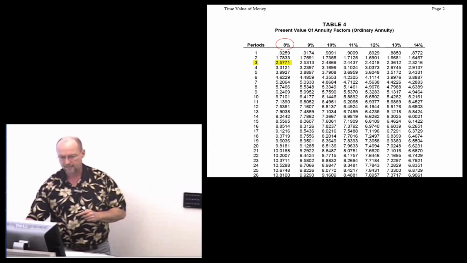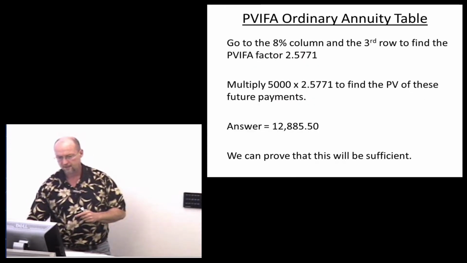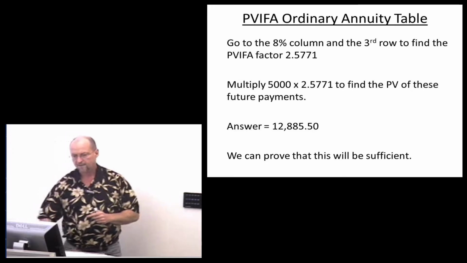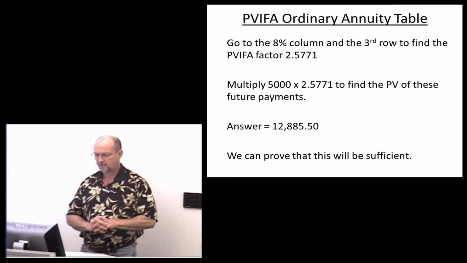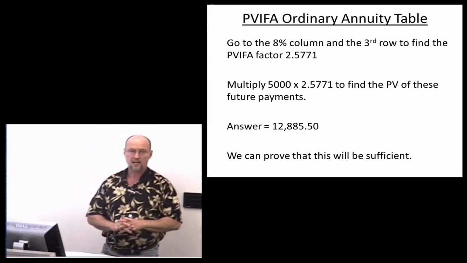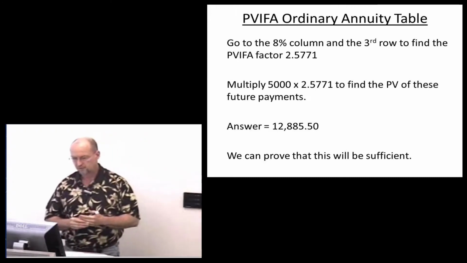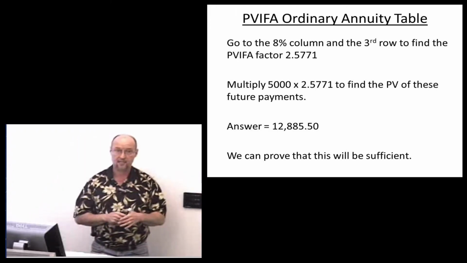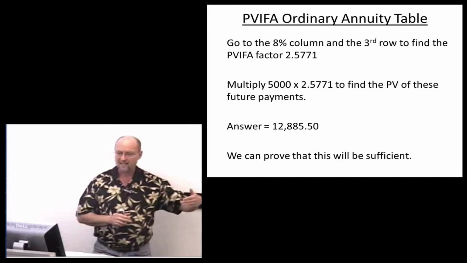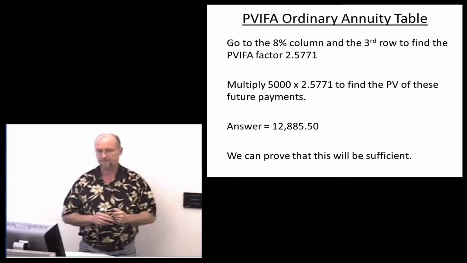Okay, I'm going to go back to the PowerPoint slide, and there it is. So I multiply $5,000 times 2.5771 to find the present value of these future payments. In other words, if I deposit $12,885.50 today, assuming I can earn 8%, I will be able to make these 3 payments of $5,000.